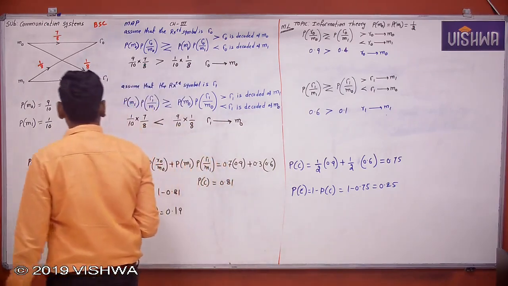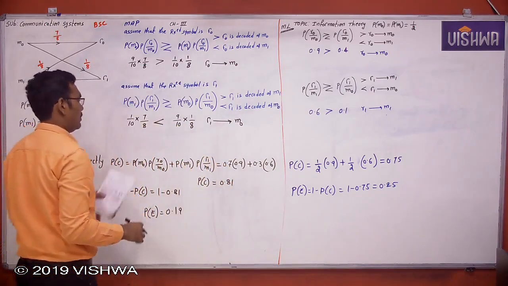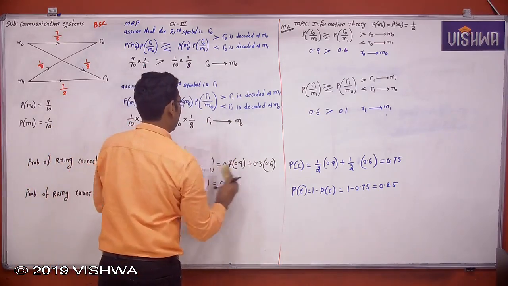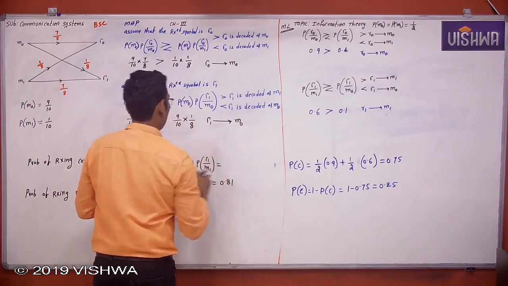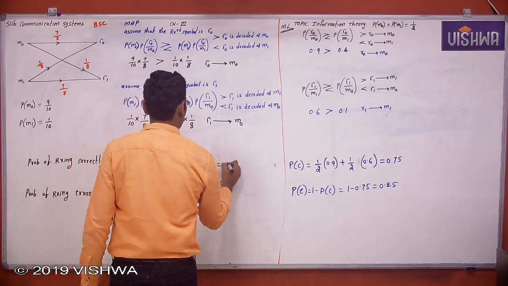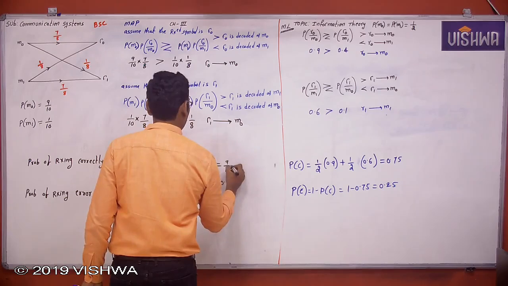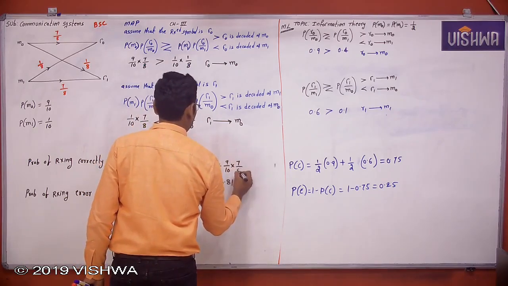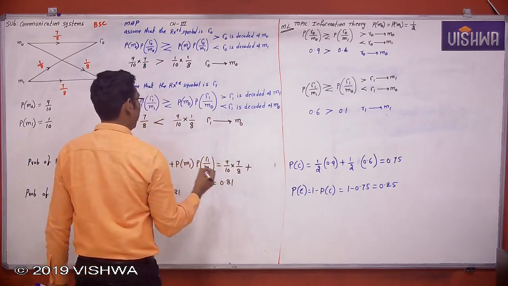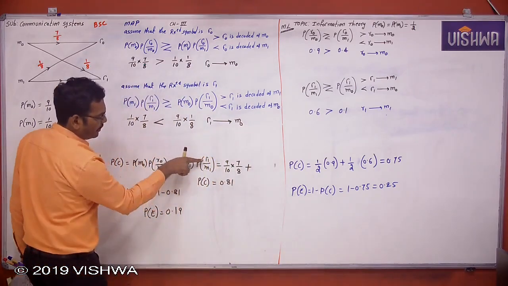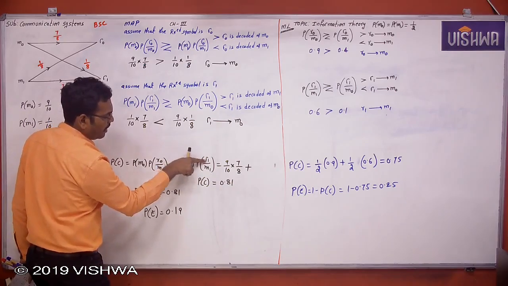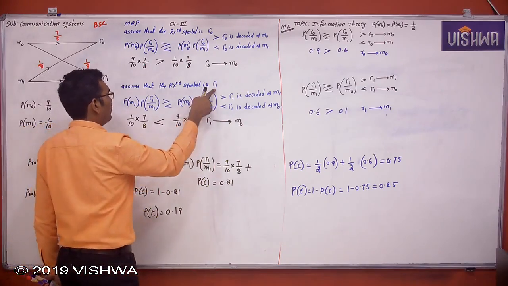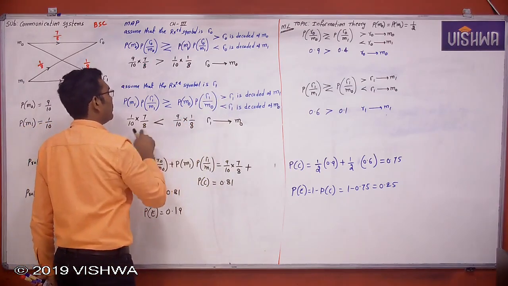Now the probability of receiving correctly is nothing but, see here, P of M0, which is 9 by 10, into P of R0 by M0, 7 by 8. For M1, the probability of receiving R1 when the transmitted symbol is M1 is not there, because this is the wrong decoding.